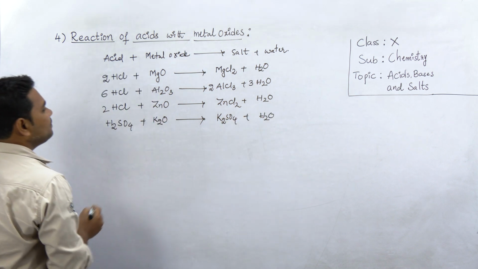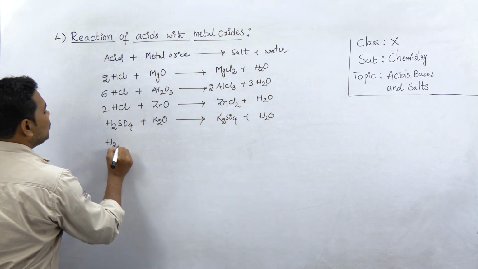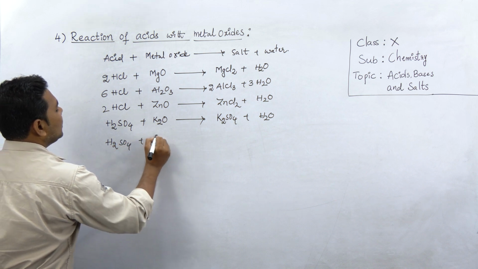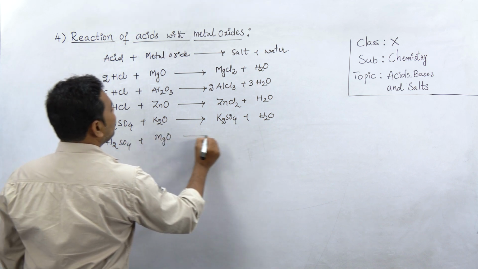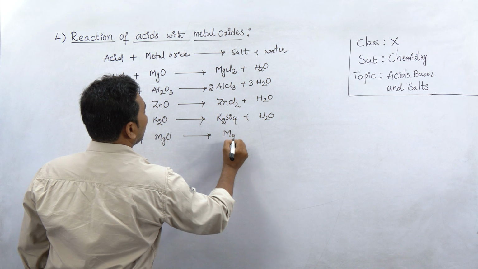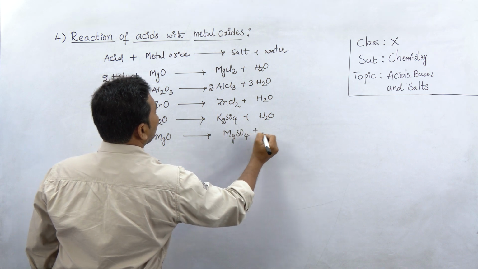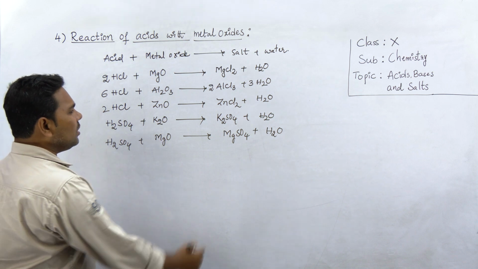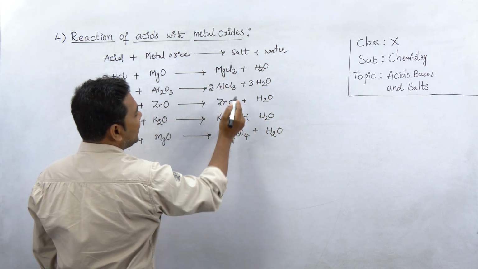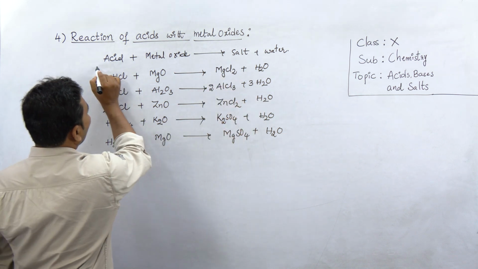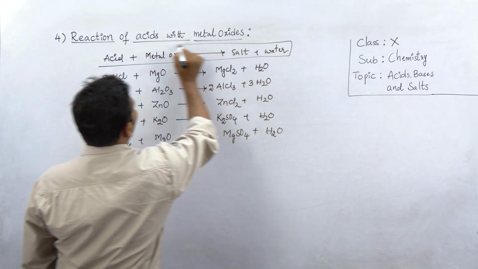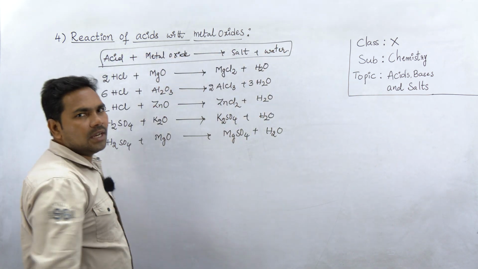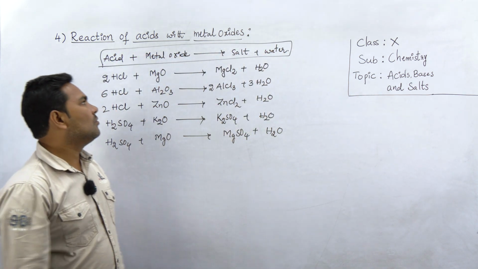Then if this H2SO4 reacts with magnesium oxide, MgO, it produces a salt, magnesium sulfate, plus water. Okay. In all these cases, the products obtained are salt and water. So we can write a general equation: when acid reacts with metal oxide, it produces salt and water.